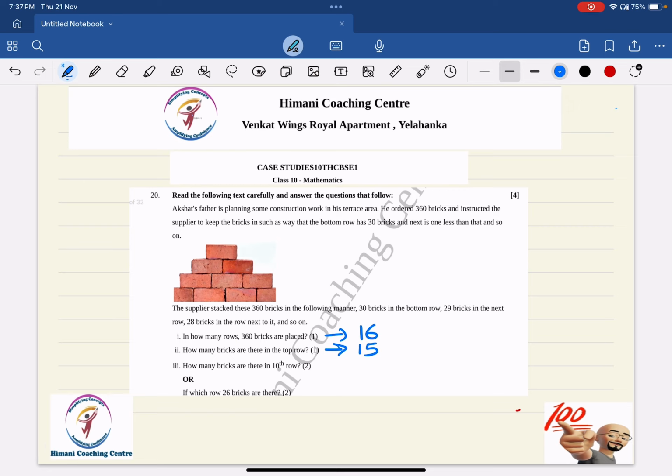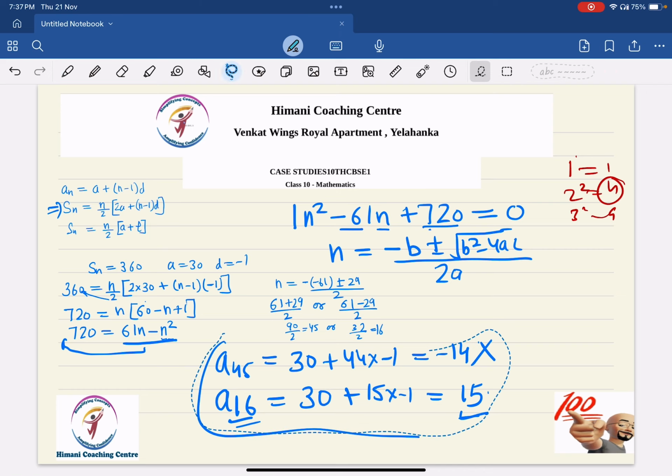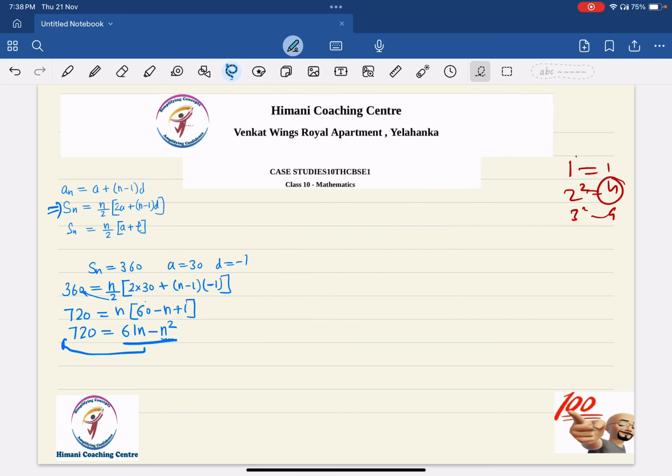How many bricks are there in the 10th row? Now for finding this, again, we use this formula of an, because that is what is being asked. So let's do that. Since we are done with this working, let me remove this as well. We'll get some space here.